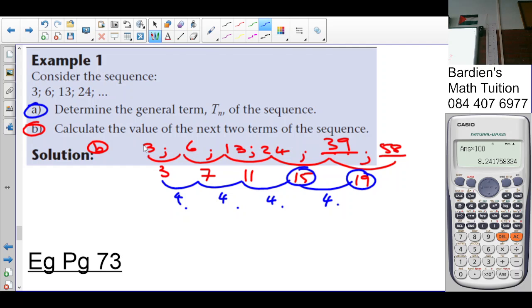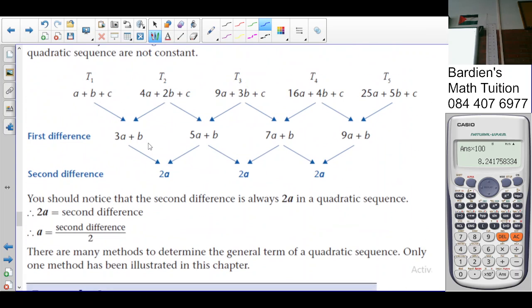And what is the general form of the quadratic equation? Tn is equal to an squared plus bn plus c. But what do you notice? What is on the second difference place? Let's go back to the formula. What do we have? 2a.